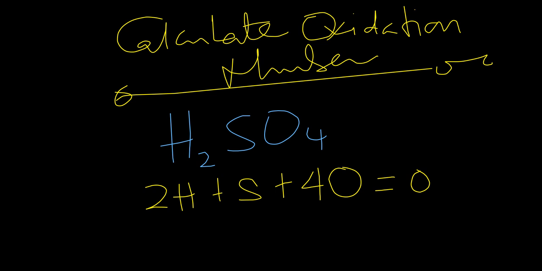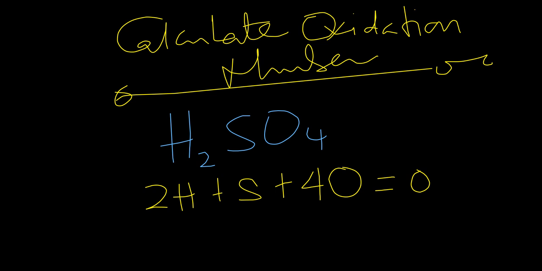That is the rule we are talking about, and the rule is simplified in this way. The algebraic sum of the oxidation numbers or of the charges of all the atoms in a molecule will always be equal to the charge on that molecule.